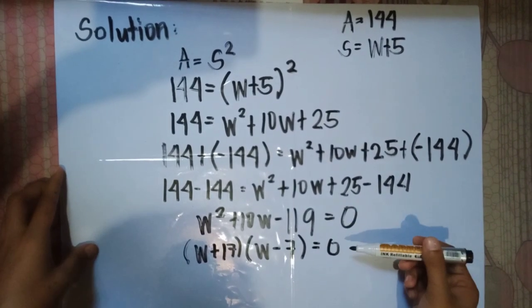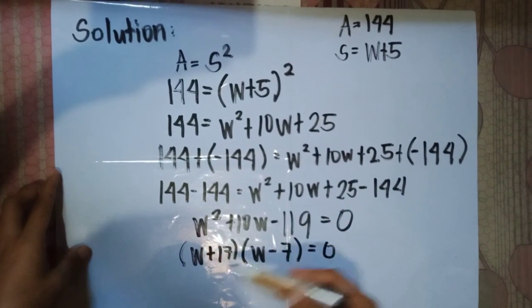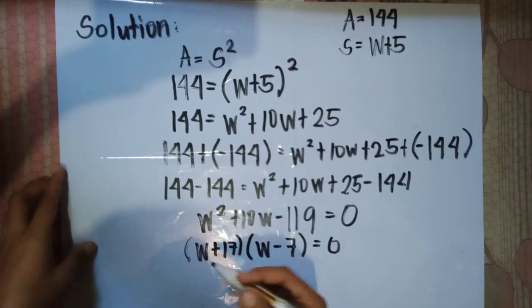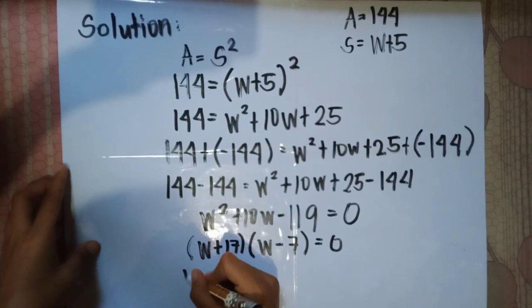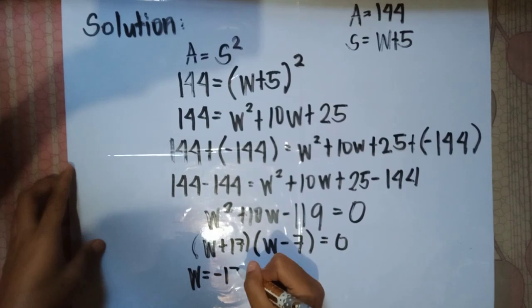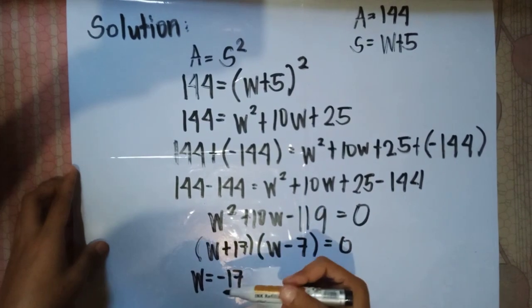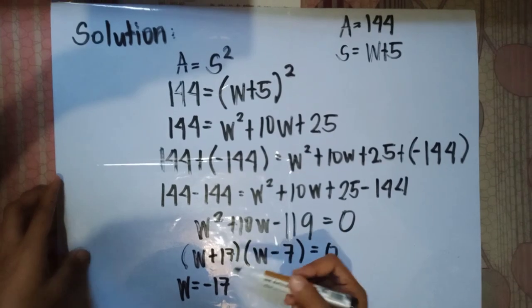Next, we are going to apply the zero product property. For the first solution, w plus 17 equals 0. Transpose the positive 17 to the right side of the equation. w is equal to negative 17. Negative 17 is one of the solutions.